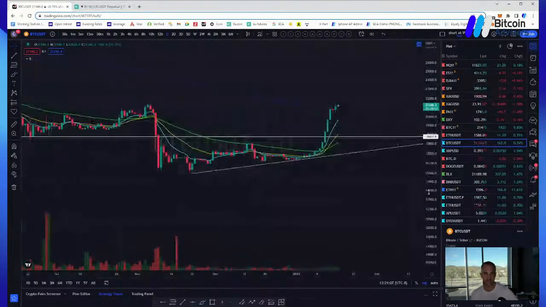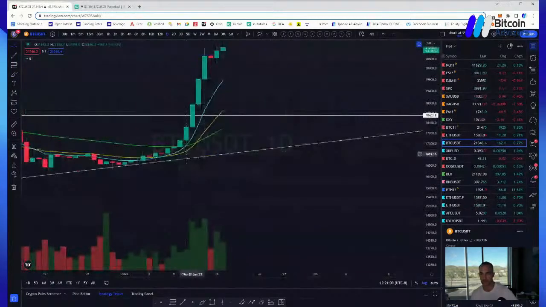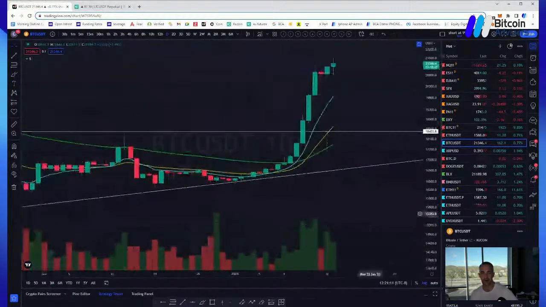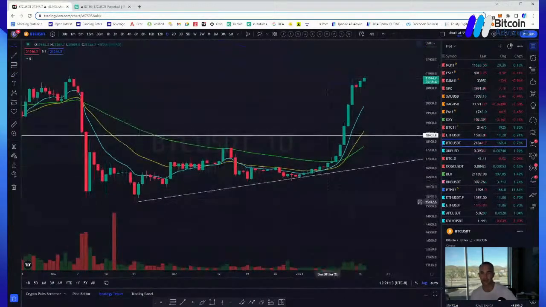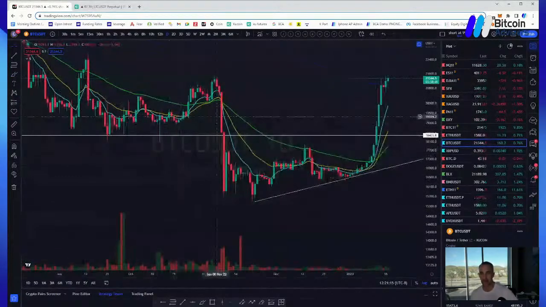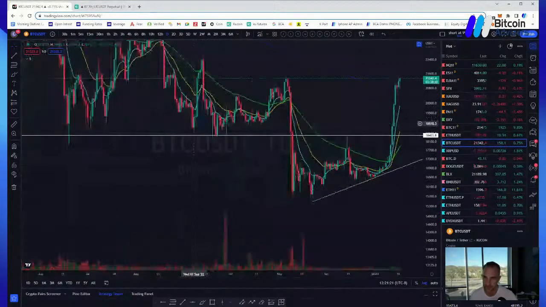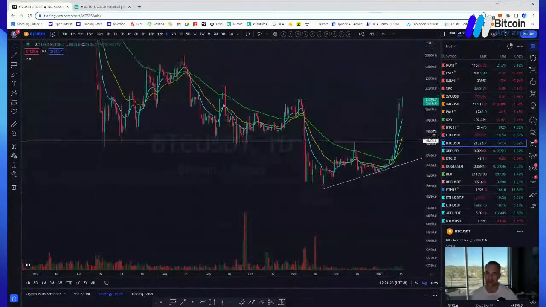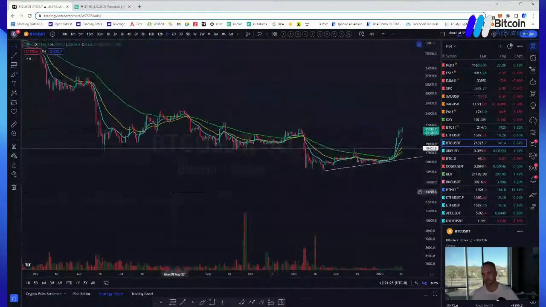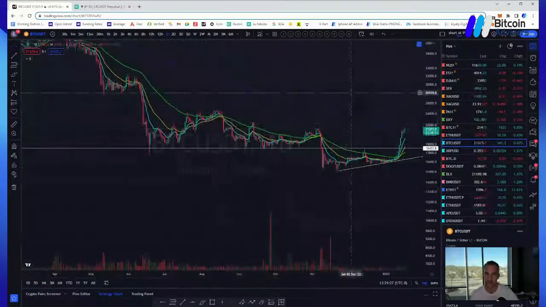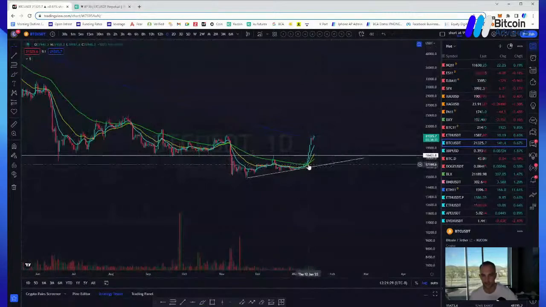And by the way, this is a very powerful cross right here. When the 21 crosses the 55, the results have been phenomenal going back. And by the way, here was the first cross, the silver cross, which is a fake out bull trap. And it's usually not the first cross that gets the move. It's the second cross. So just an interesting side note there. We got the silver cross going in right there.